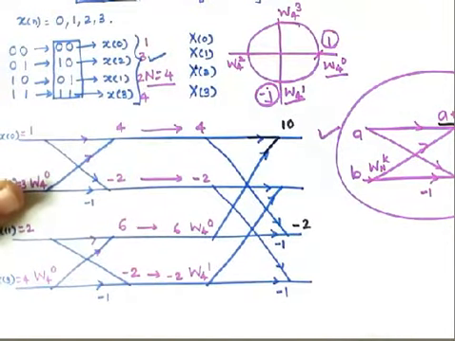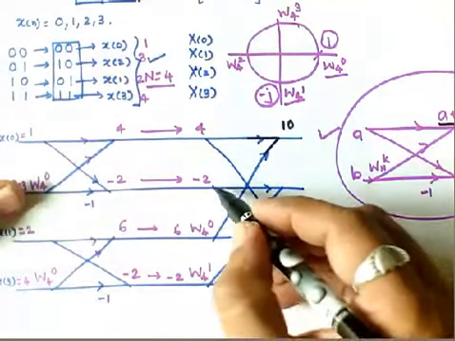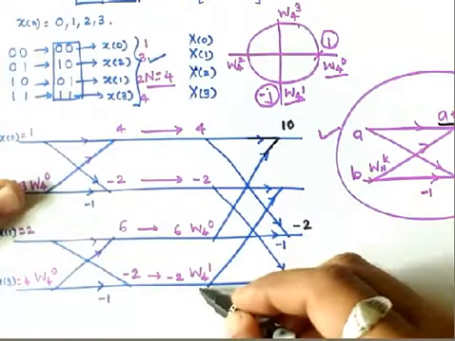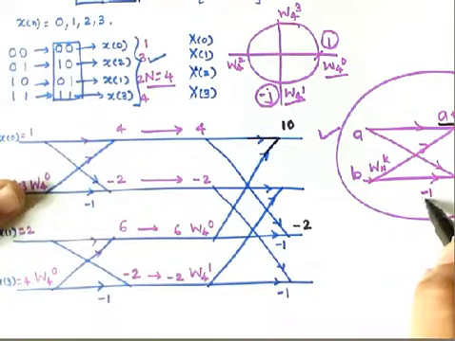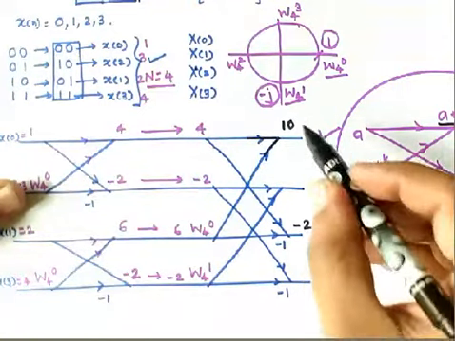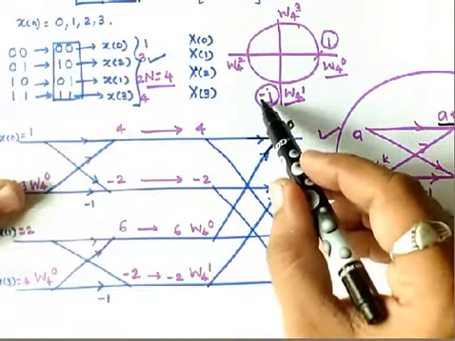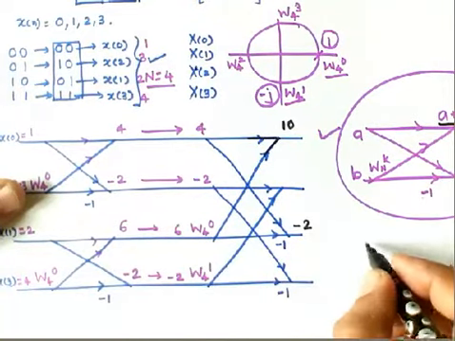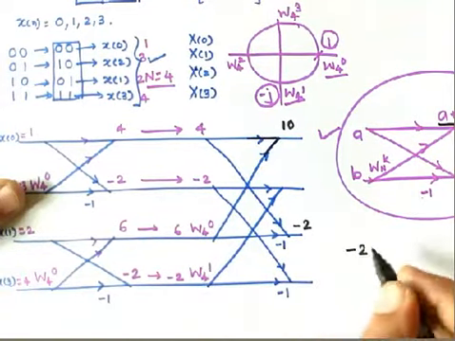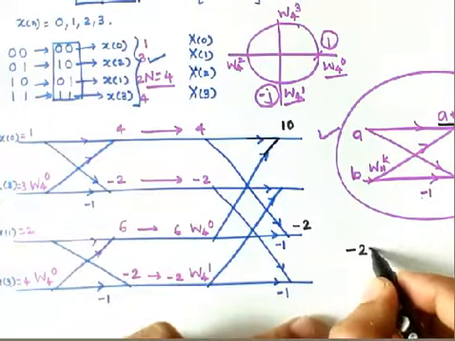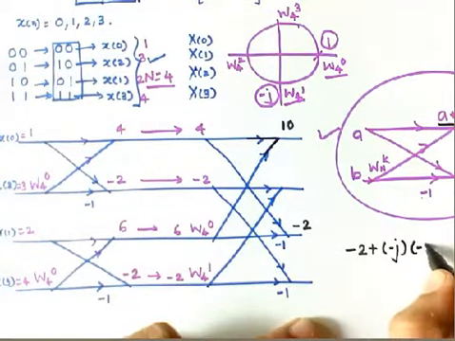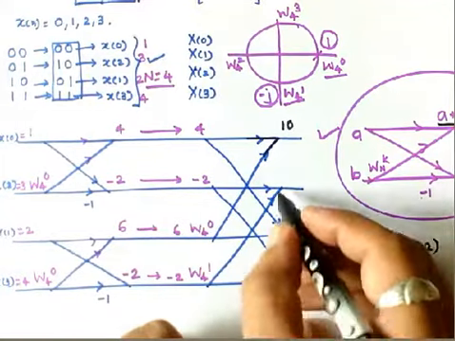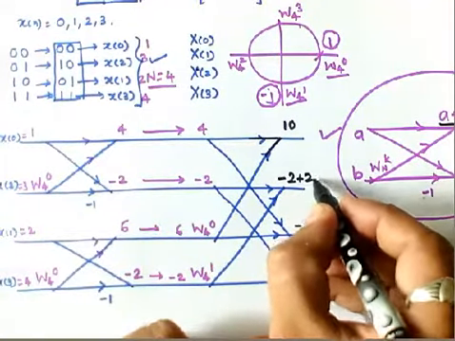Similarly for the upper part here, minus 2 plus the value for W4 raised to 1, that is minus j, into minus 2. So it results in minus 2 plus 2j.